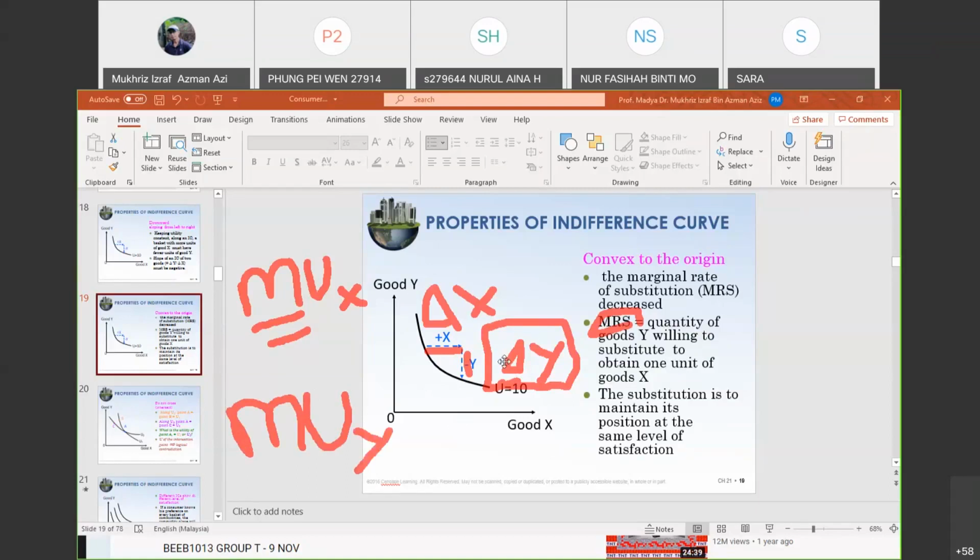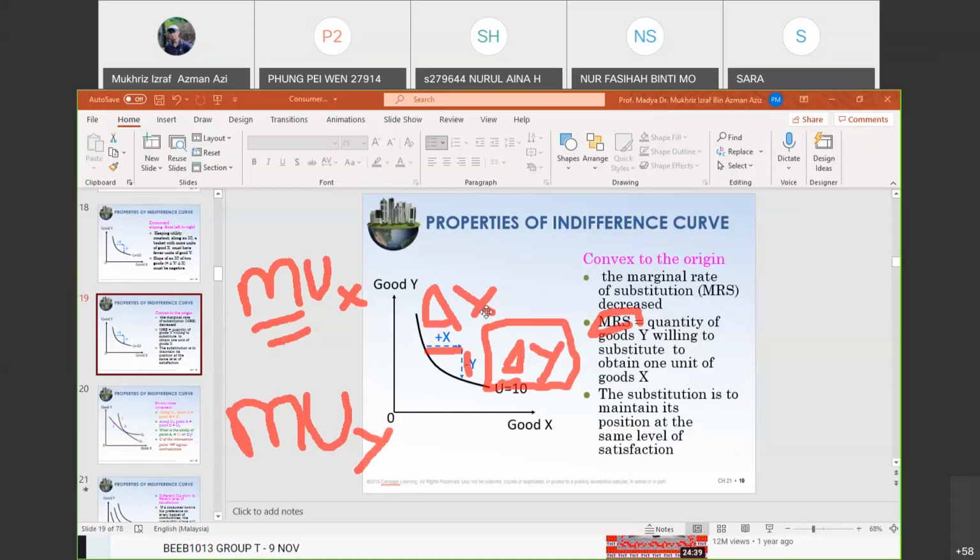So by definition, a slope is calculated as change in X divided by change in Y. That is mathematics, whether it's an indifference curve or any other curve. How do you calculate the slope?